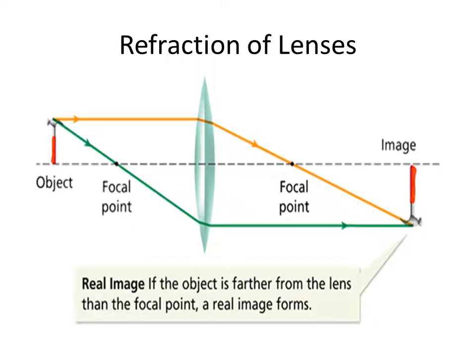Here you can see the object is farther from the lens than the focal point. Now you can see in this figure the object is kept beyond the focal point, so that the lens forms an image which is real and inverted.